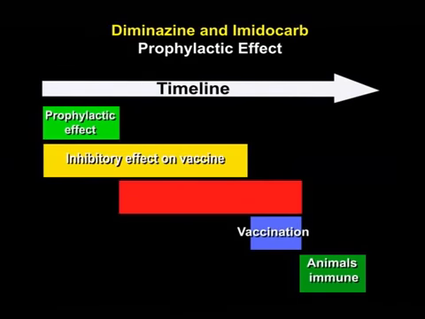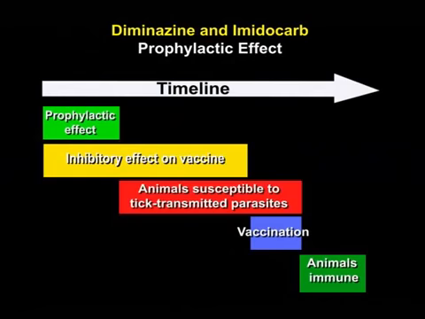Most importantly, it should be realized that for a significant period of time, animals will be fully susceptible to tick-transmitted parasites. This coincides with the period after the prophylactic effect of the drugs has waned, until immunity develops after vaccination. During this period, animals should be kept tick-free as far as is practically possible to prevent disease outbreaks due to tick-transmitted parasites.